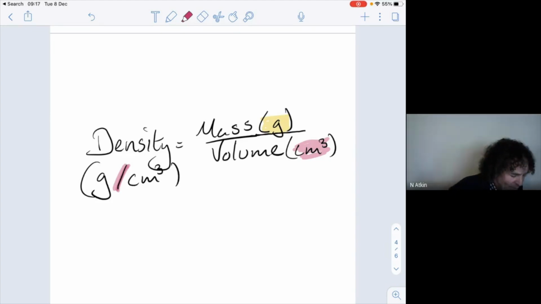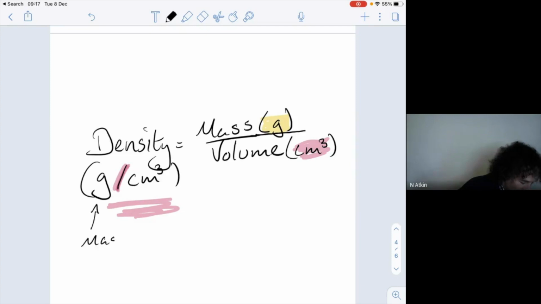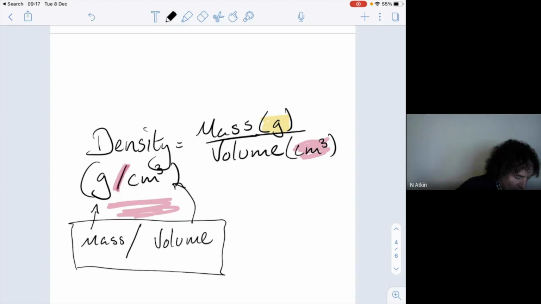So if a question gives you density in g per centimeter cubed, you can immediately say that g measures mass, and it has to be mass per, divided by, shared with, volume. So if I know the units, I can work out what the equation is.